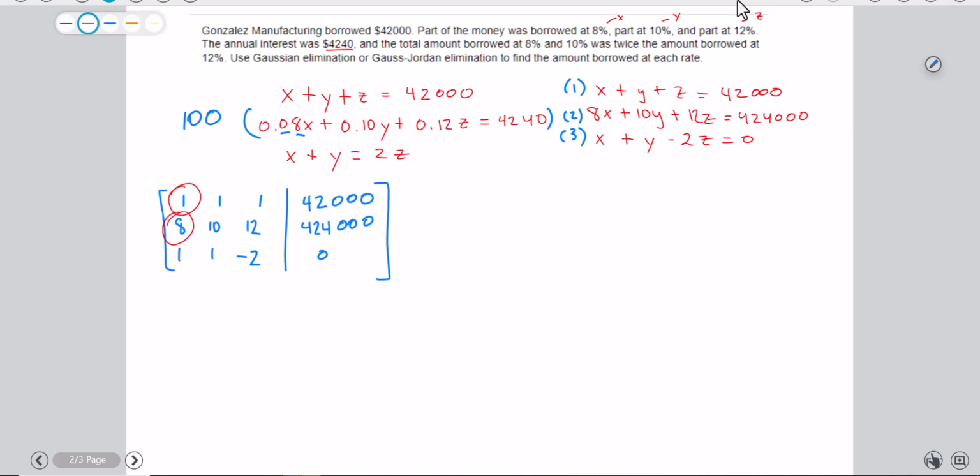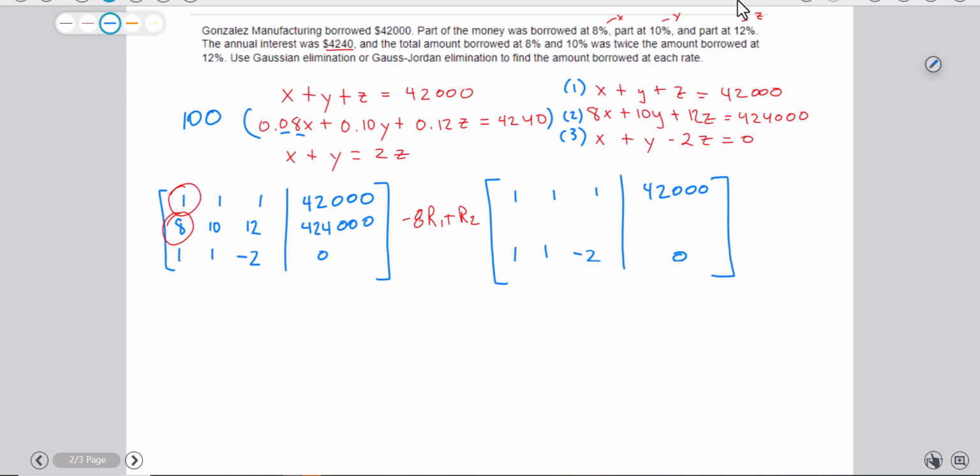So then the next thing you want to do is turn this 8 into a 0, and I can do that by taking negative 8 times row 1 and adding to row 2. So I'm not changing row 1, it stays the same, 42,000. I am not changing row 3, 1, 1, negative 2, 0, but I am taking negative 8 times row 1 and adding it to row 2.